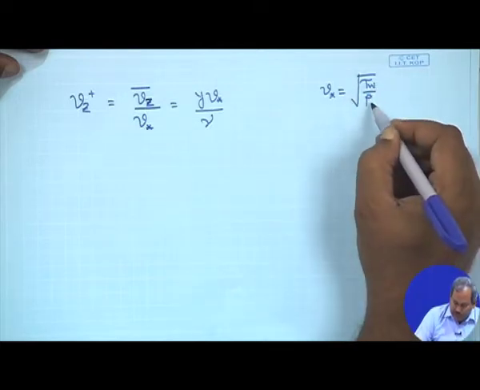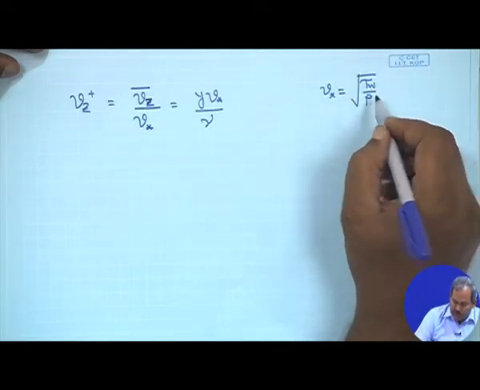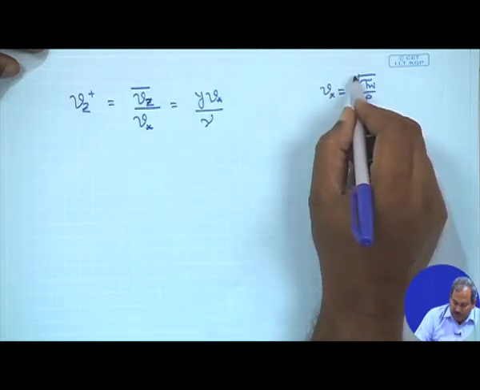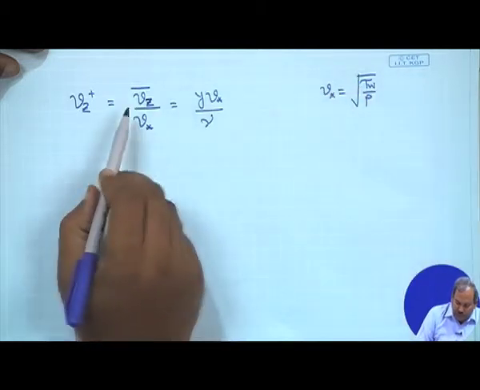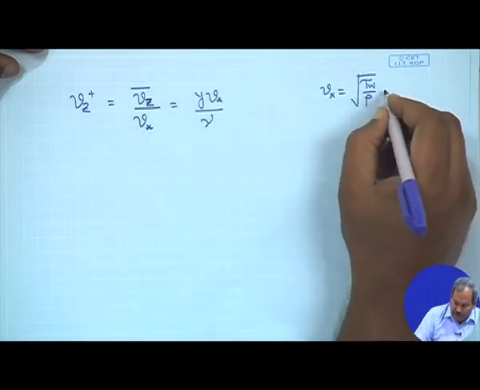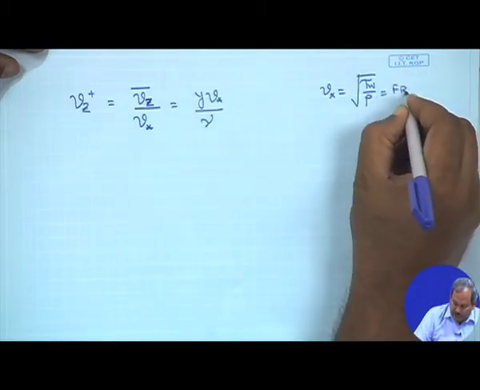Root over tau w by rho has the same unit as that of velocity. So, this is used to non-dimensionalize the velocity, and it is called the friction velocity.